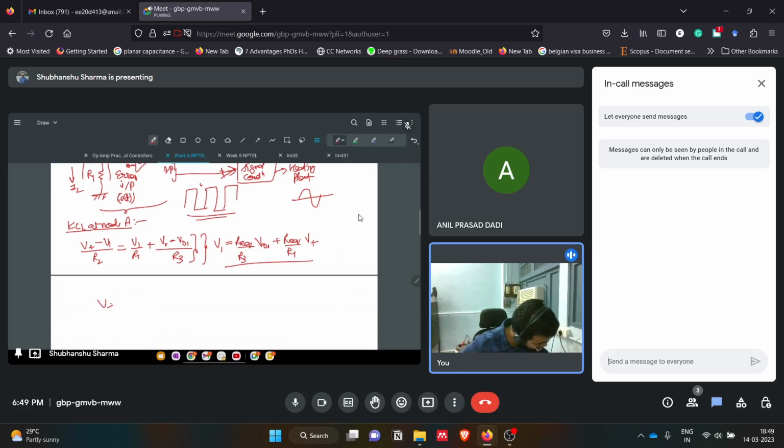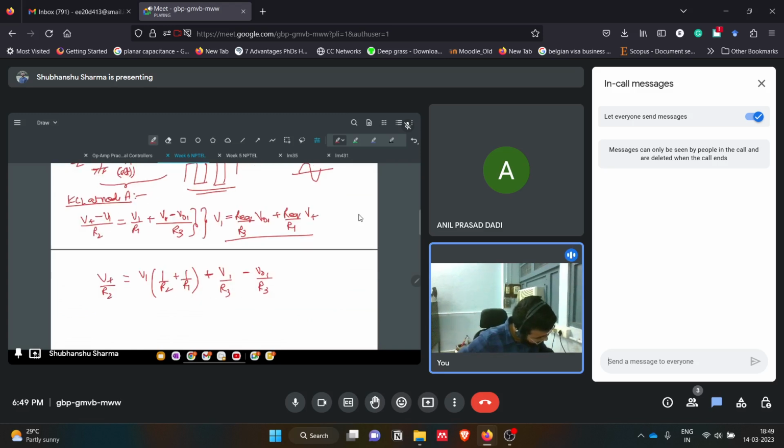V plus by R2, minus V1 by R2 plus 1 by R1, then minus V1 by R3 also, then minus V0 1 by R3.